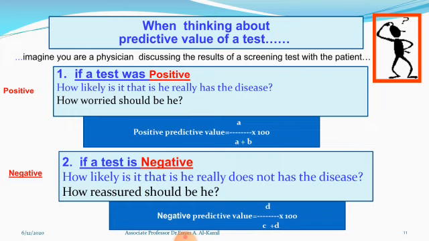While the negative predictive value is equal to D, which is the true negative, divided by C, which is the false negative, plus D, which is the true negative.